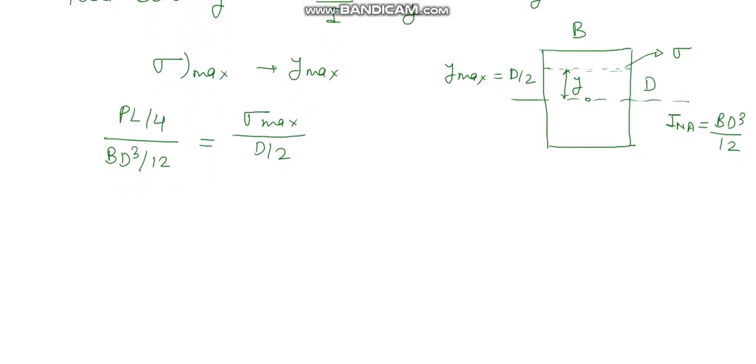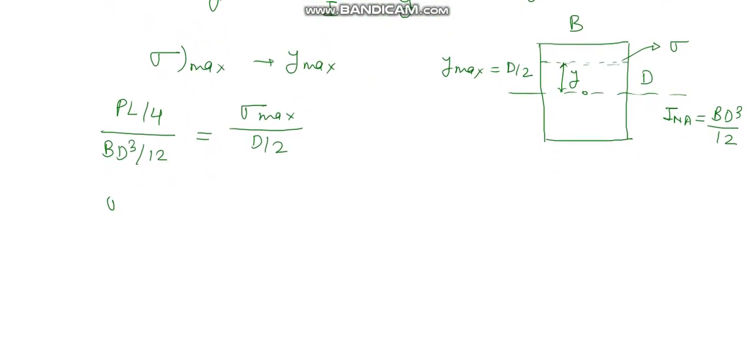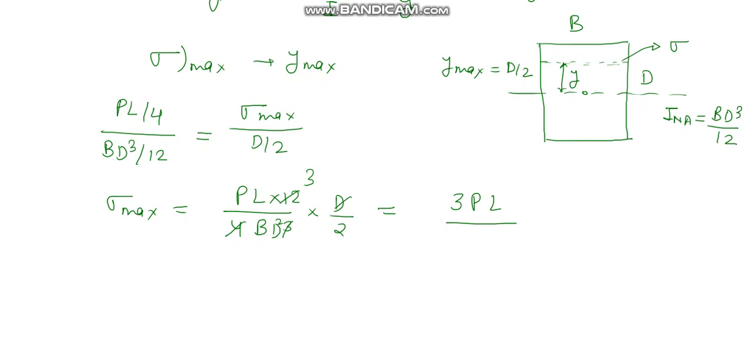If we solve this equation, we will find that sigma max equals PL by 4 into 12 over b d cube into d by 2. By solving this, we find that 12 by 4 is 3 times. Now the d cancels out, it will be d square, so it will equal 3PL divided by 2 b d square.